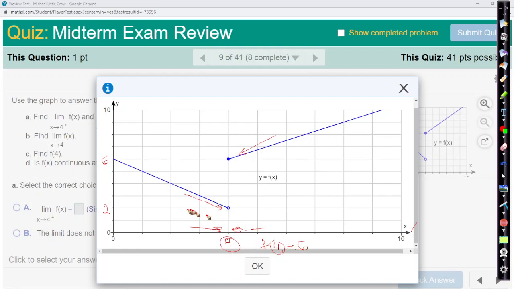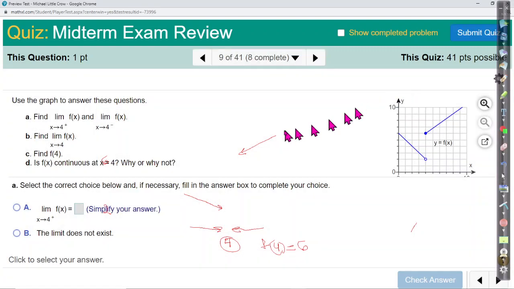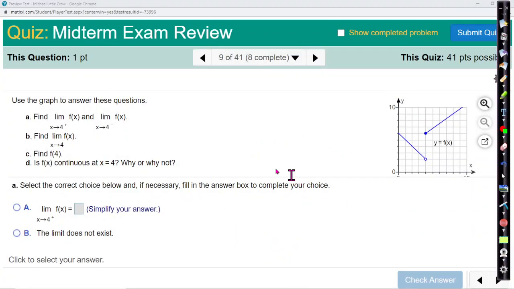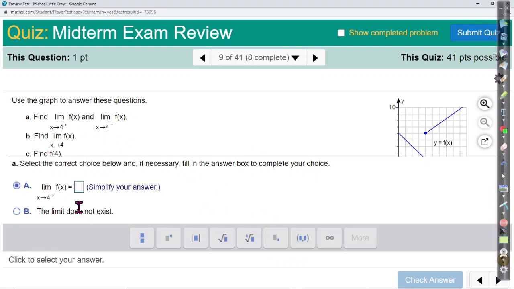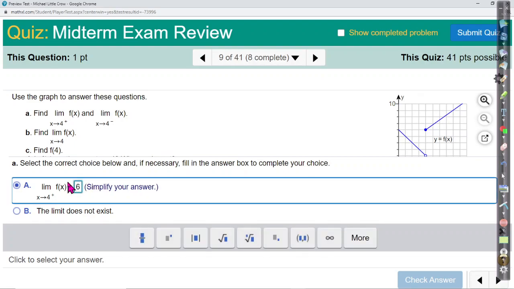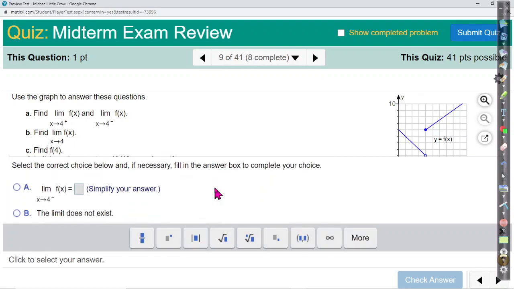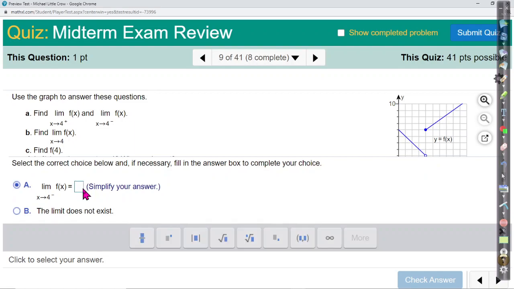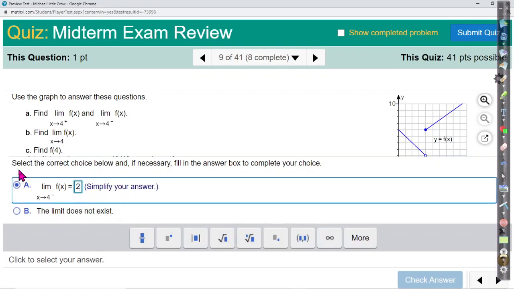Now again, the overall limit doesn't exist. The left and right limits exist, but they're different. So the limit as we come from the right is 6. The limit coming from the left, the lower one, is 2.